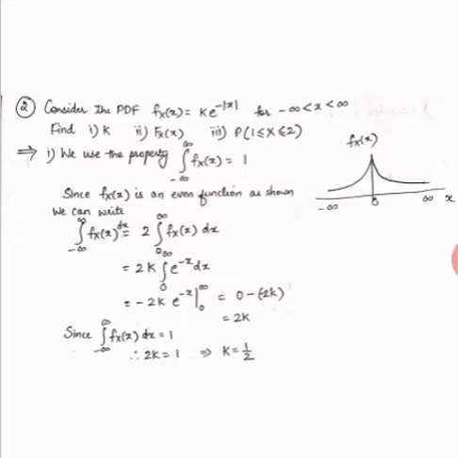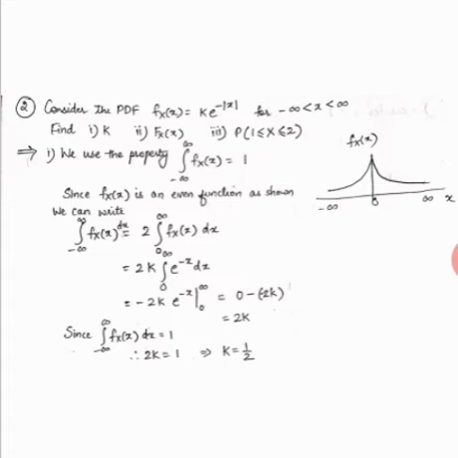So we can write the integral from minus infinity to infinity of fx of x dx as 2 times the integral from 0 to infinity. We take only the positive side, and we add it up with the negative side. Since both of them are together, we will be writing it as 2 times the integral from 0 to infinity of fx of x dx.